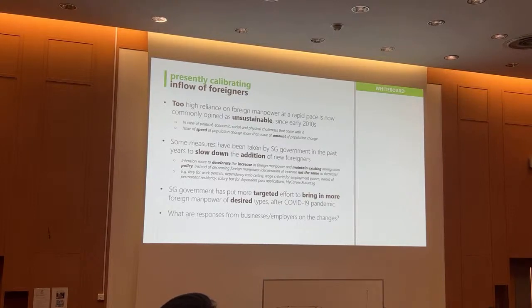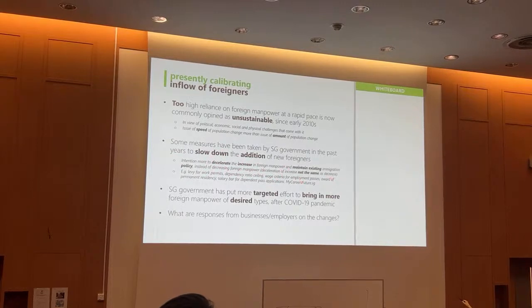So some measures have been taken by the government in the past years to slow down the addition of new foreigners, such as those mentioned over here. The intention is more to slow down the increase and maintain current migration policy. It is not to decrease migration or decrease foreign manpower.